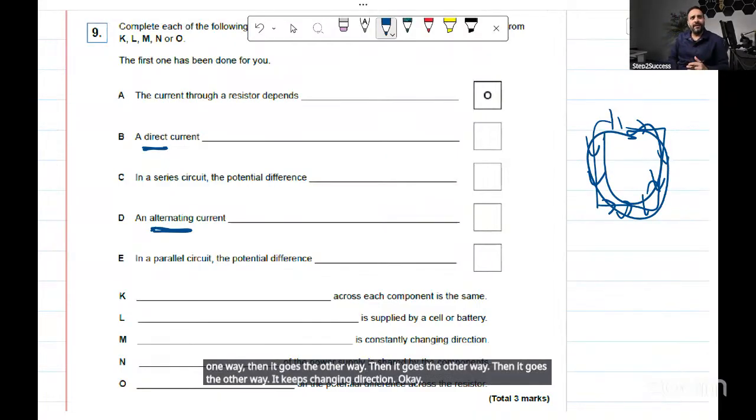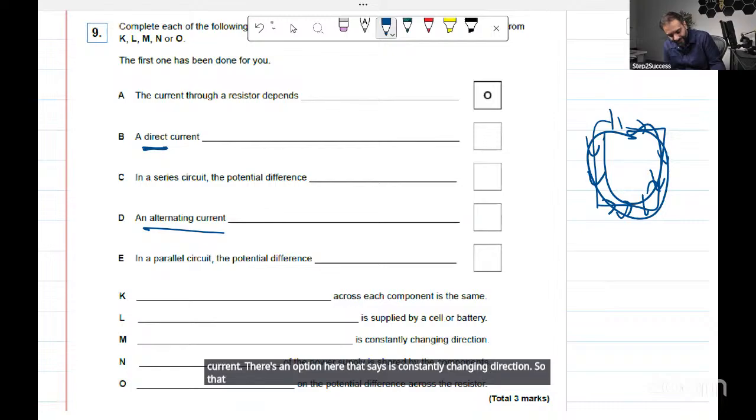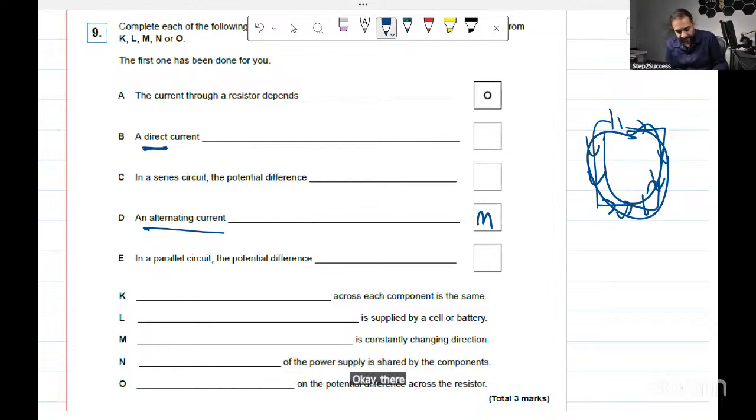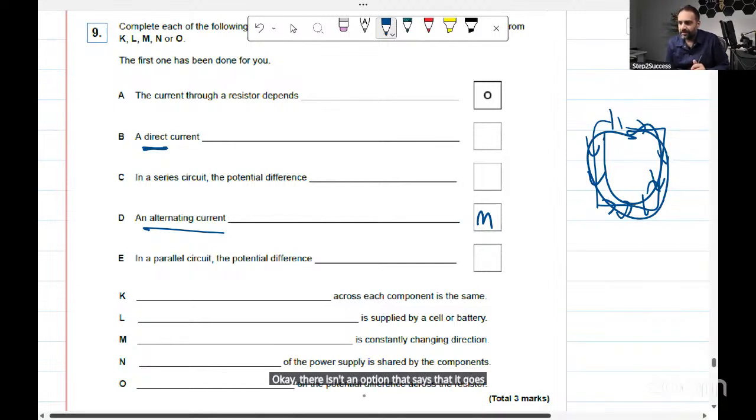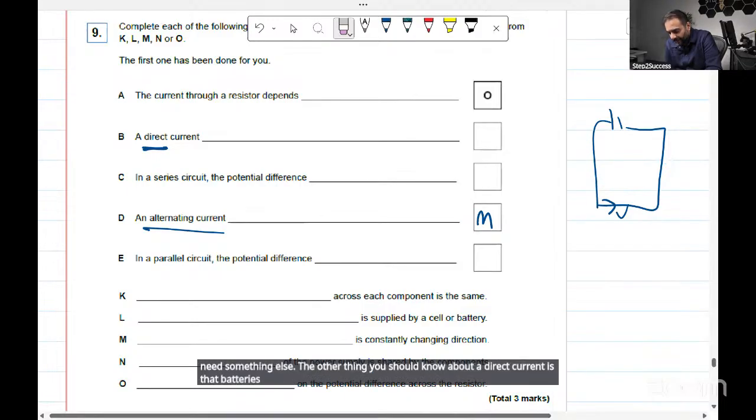Okay, now that we know that, let's see if we are able to answer one of them at least. Well, for an alternating current, there's an option here that says is constantly changing direction. So that must be it. There isn't an option that says that it goes in the same direction, so we need something else. The other thing you should know about a direct current is that batteries supply direct current.